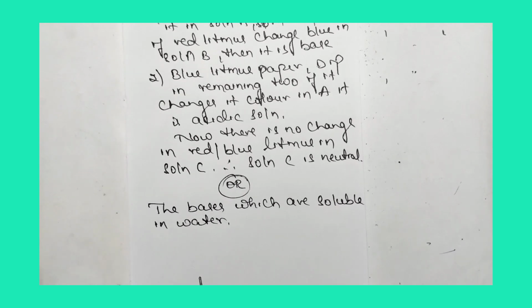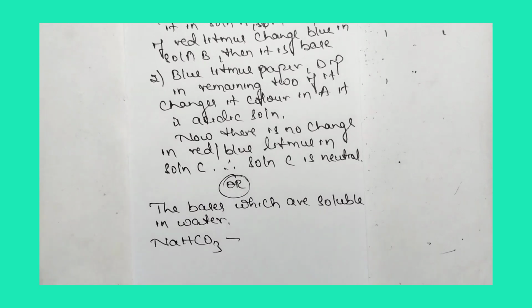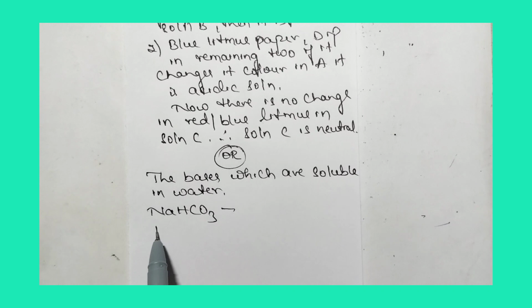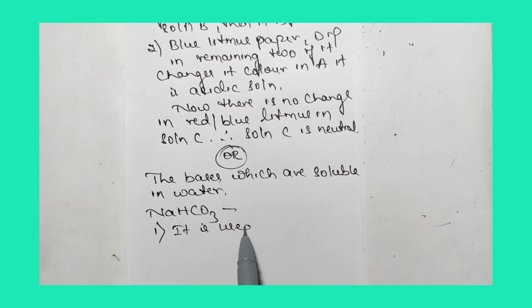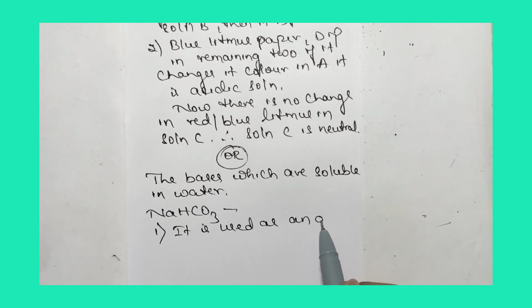Write the uses of sodium hydrogen carbonate, that is sodium bicarbonate. Sodium bicarbonate is nothing but baking soda. Now let us write the uses of baking soda. It is used as an antacid.